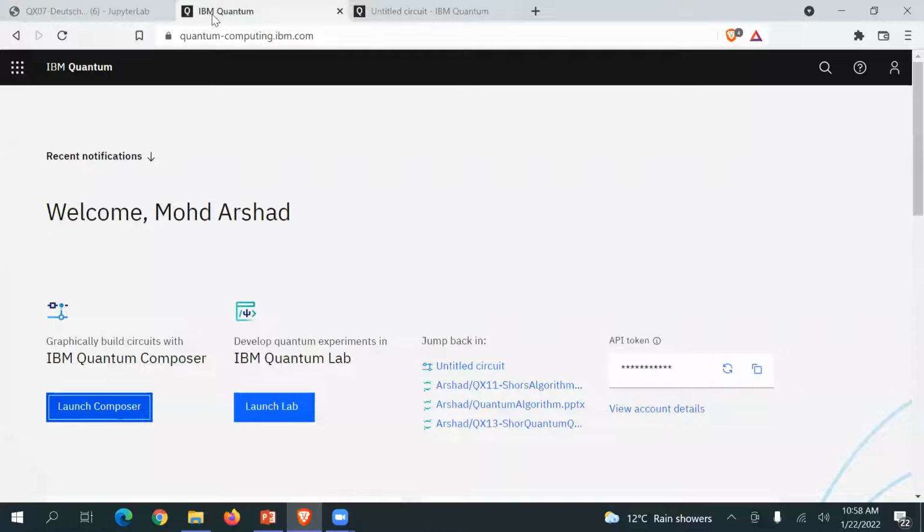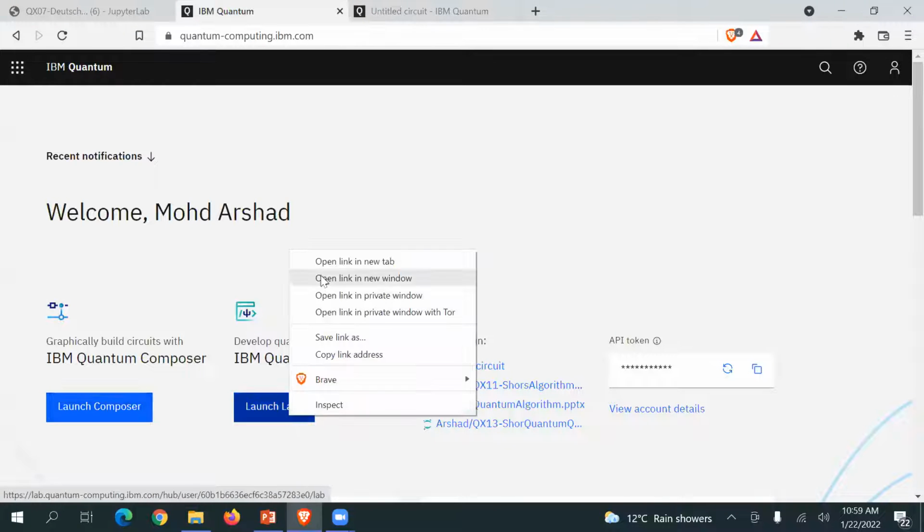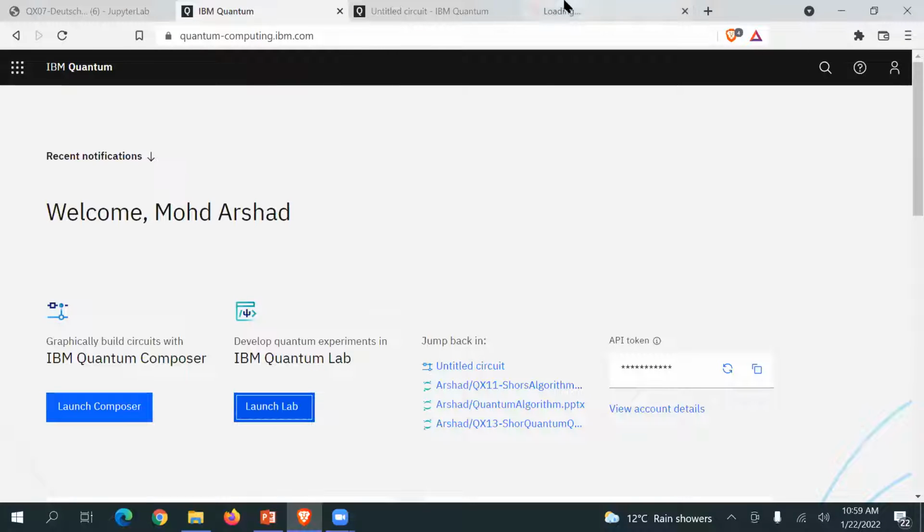So there is another thing which is known as Launch Lab. The Launch Lab is a notebook session kind of thing where you can write your core algorithms. So this would launch a session.